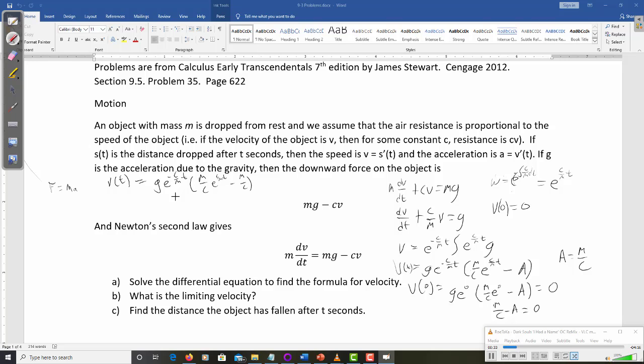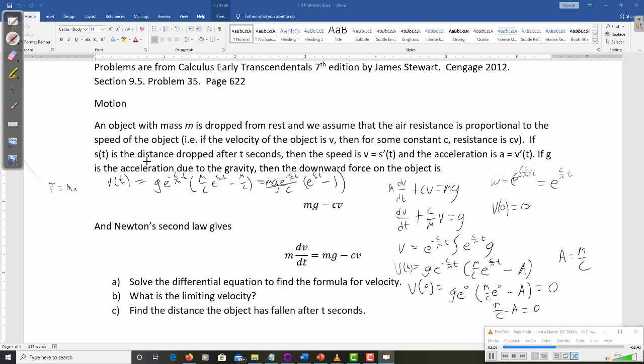Since we've got that, we might as well pull that out as well: g e to the negative c over m t, mg over c... actually m over c times (e to the (c over m) t minus 1).